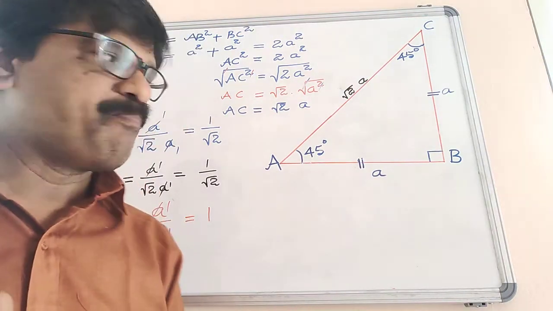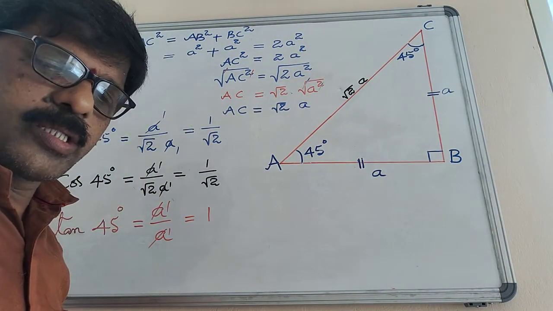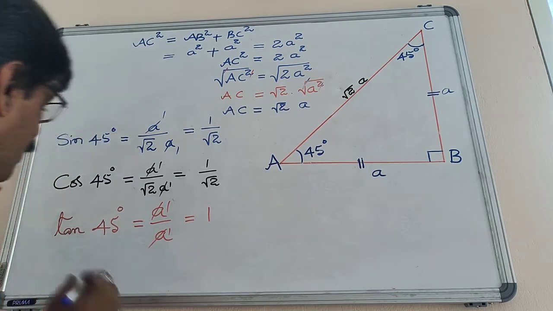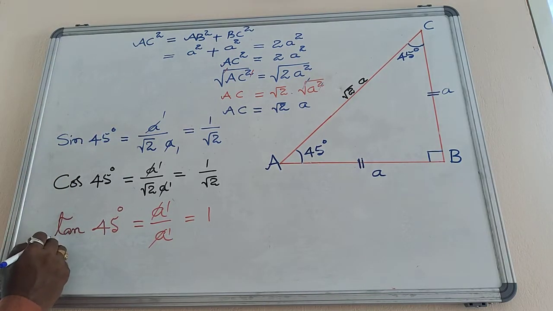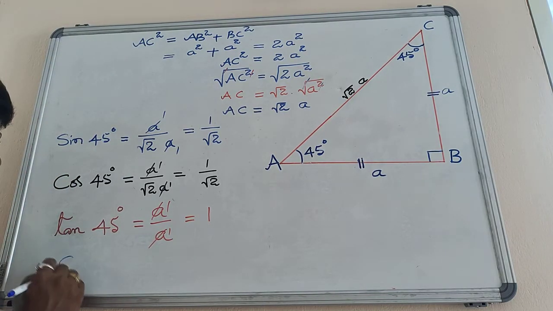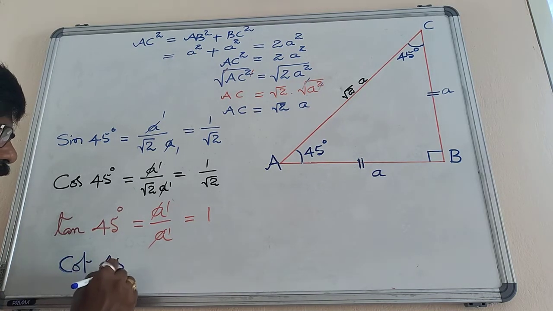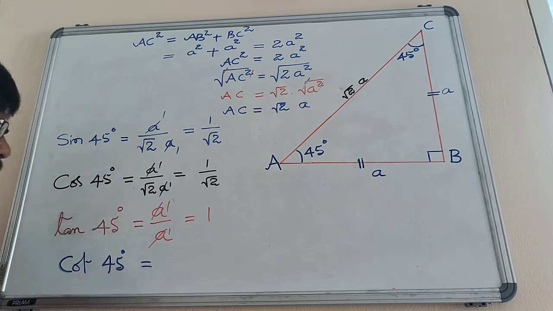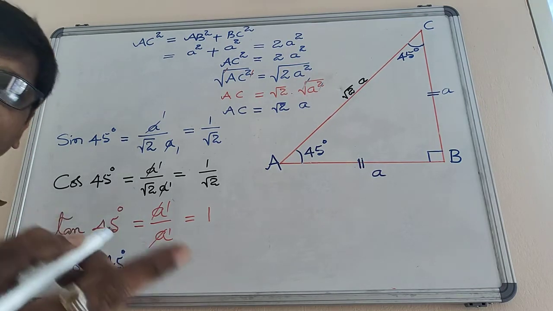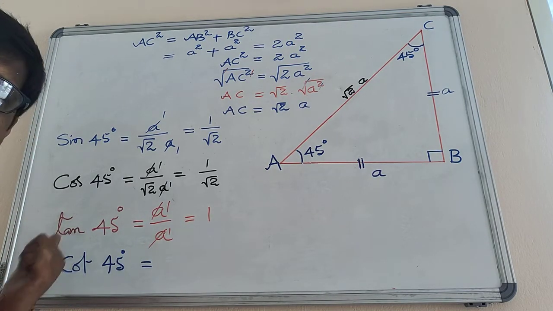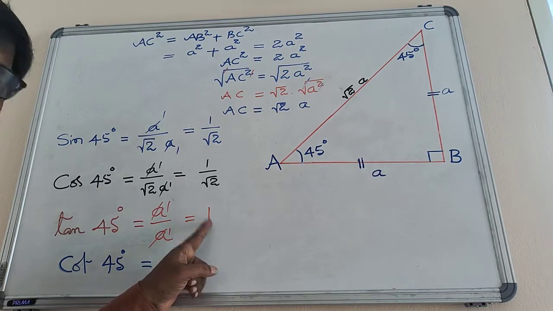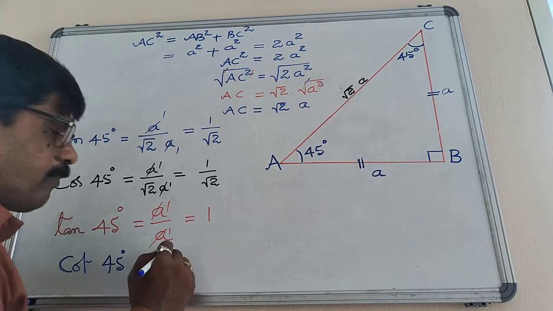In the same way, next cot 45. Cot 45 means, as already told, the reciprocal of tan is cot. The reciprocal of 1 is 1 by 1.